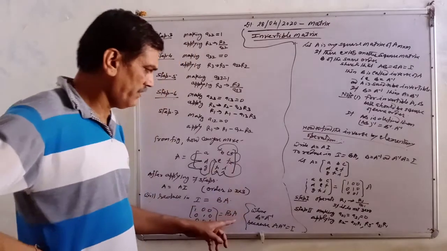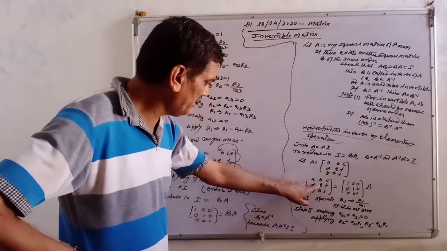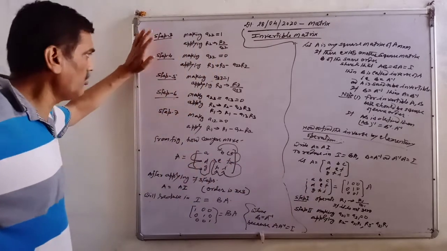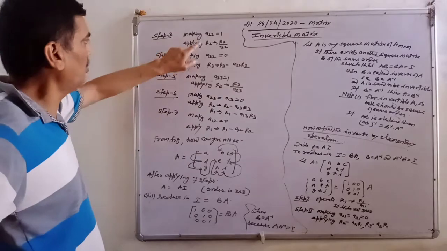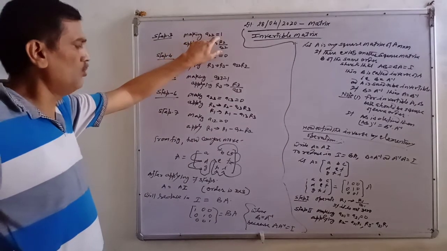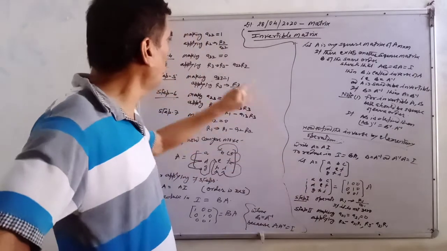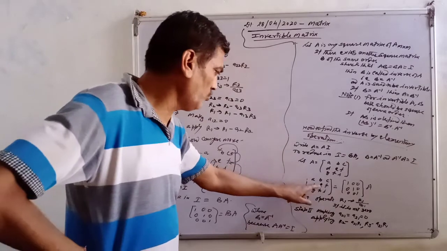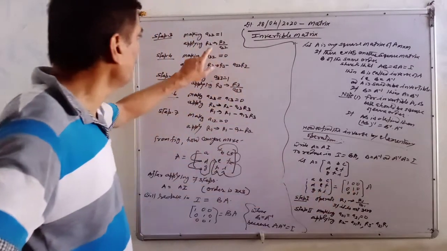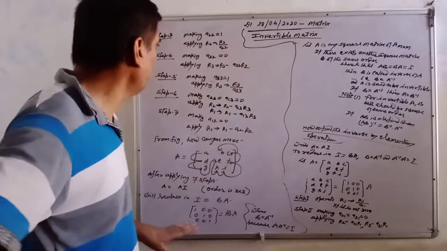Now the next step, making this element equal to 1. Step by step you will move, meaning E should be equal to 1. E, that is A22. So in the third step, making A22 equal to 1. How can you make it? Applying R2 tends to R2 upon A22, dividing by this element in R2 on both sides. Okay, then this E will become 1.